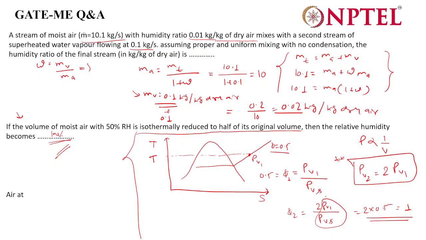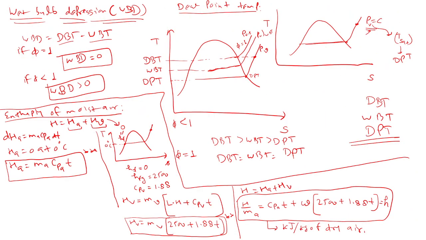Sir, how is PVS the same in both cases? Generally, how do we find PVS? Like in some problem I recently told, it is fixed for a given condition of air. For a given temperature, it is fixed. Let's suppose this is our temperature, and we keep on giving water here until this temperature comes. This is our PVS, where phi is 1.